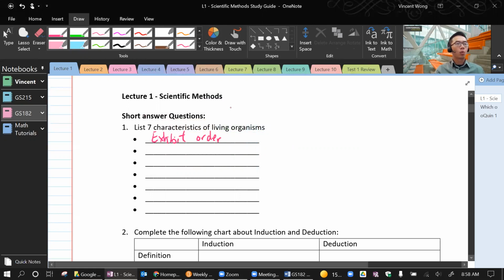What does exhibit order mean? There are some structures to the organism, maybe some patterns, some symmetry, and complexity to it.